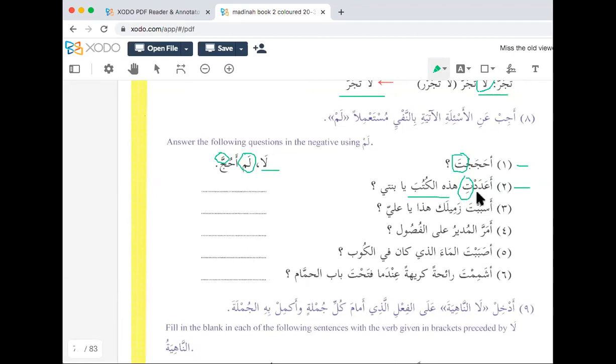So here we had ahajajta. This is fi'l madi from hajja, and since lam enters upon a fi'l mudari', the question was, have you performed Hajj or did you do Hajj?